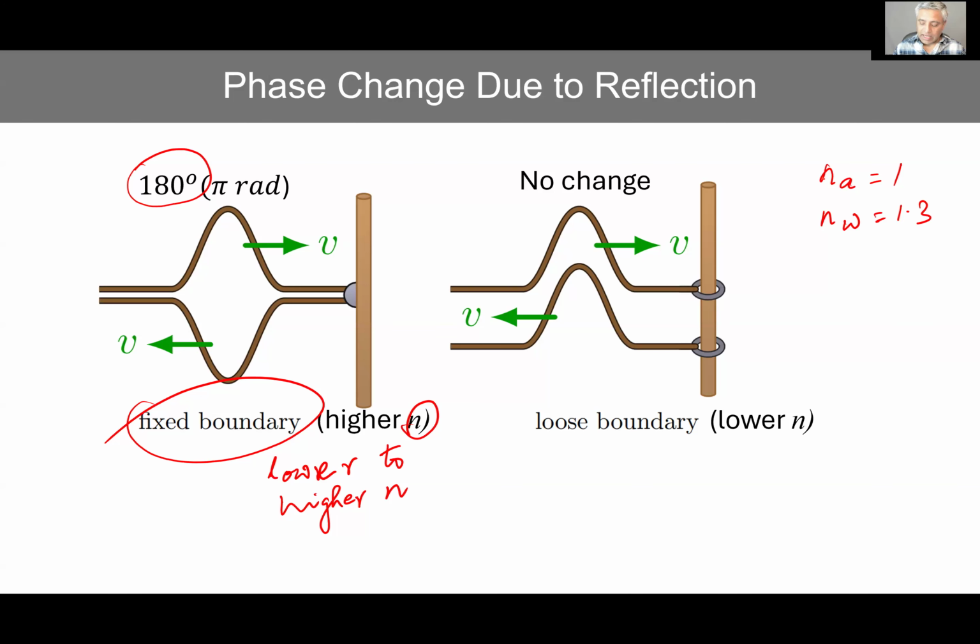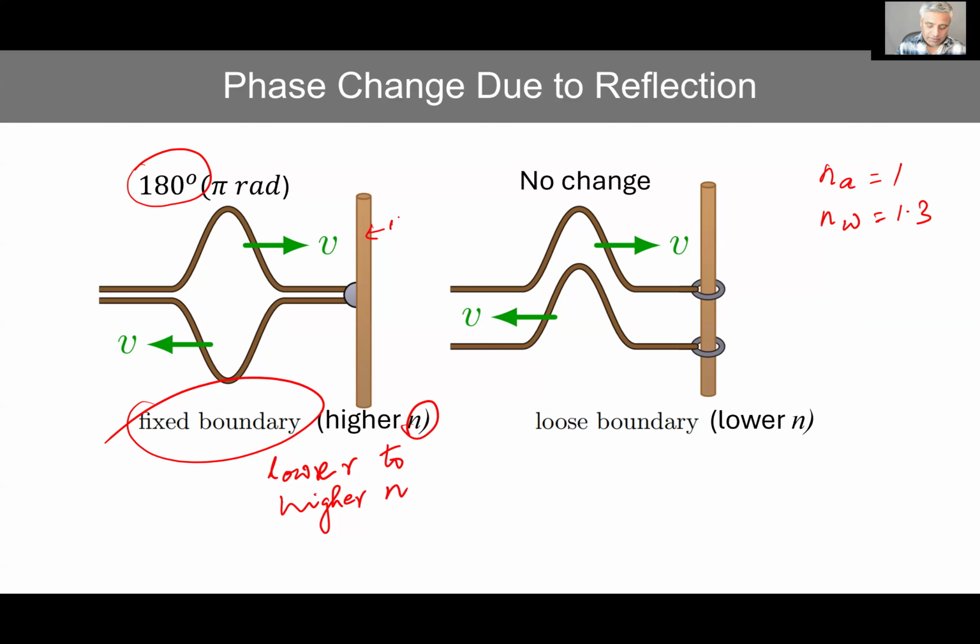So when light, for example from the sun, hits the swimming pool or the top of the water on the river or the ocean, it gets reflected, and that boundary acts like a fixed boundary because it has a higher refractive index.